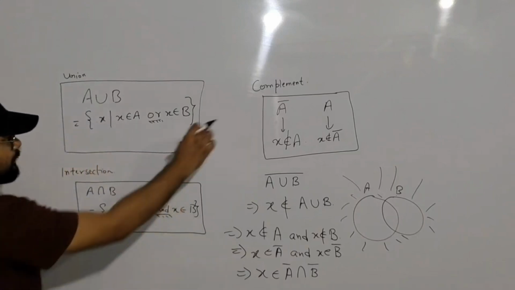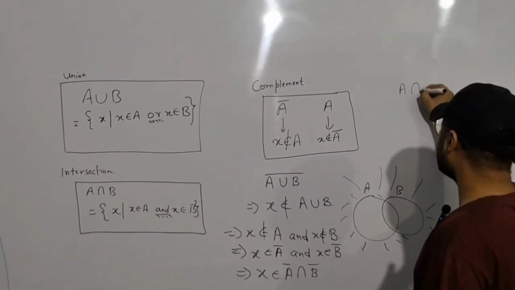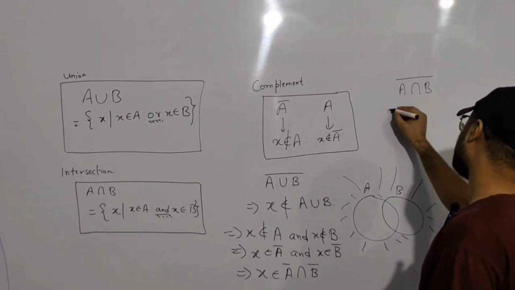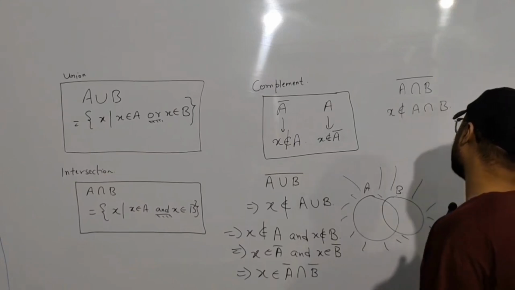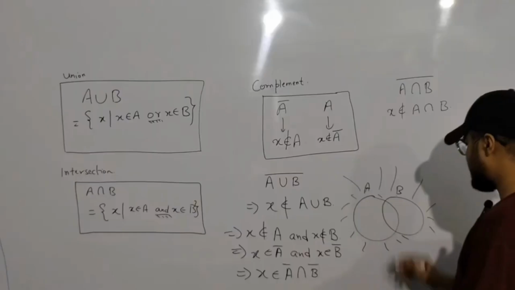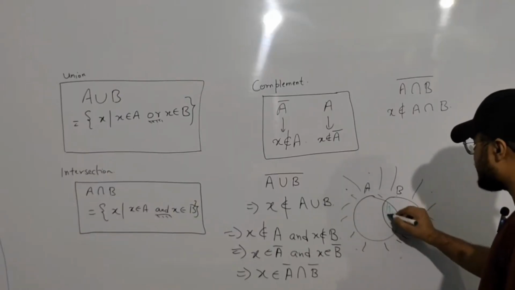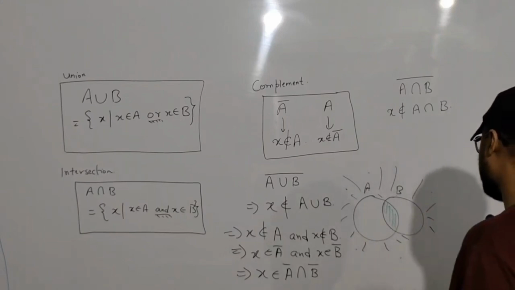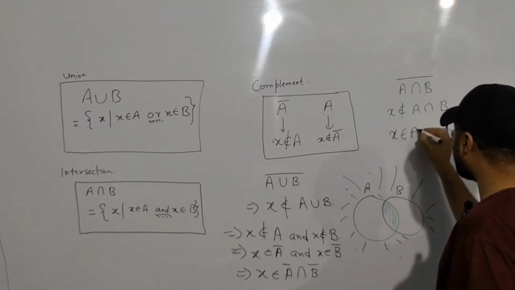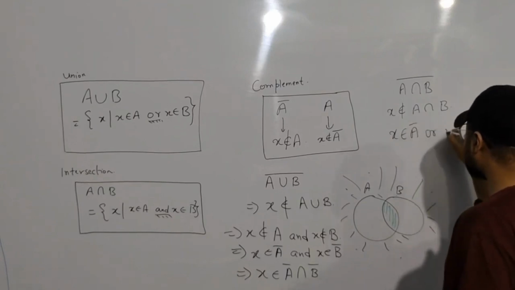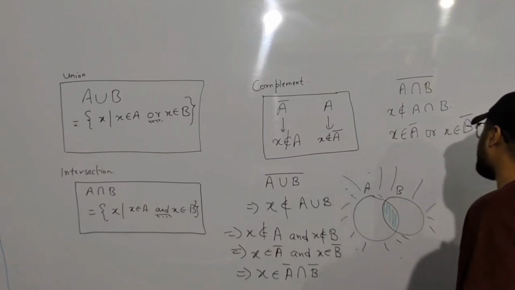Let's apply complement to intersection. A intersection B complement means that X does not belong to A intersection B. What I basically mean is X is not in this region. X should not belong to this region. Now this becomes X belongs to A complement, or X belongs to B complement.